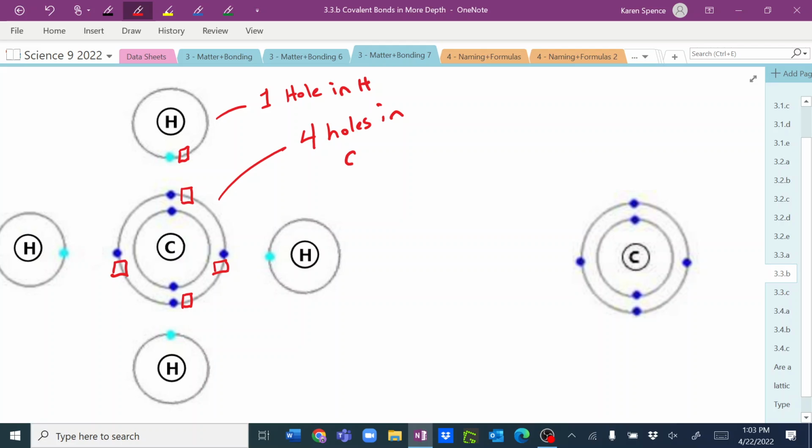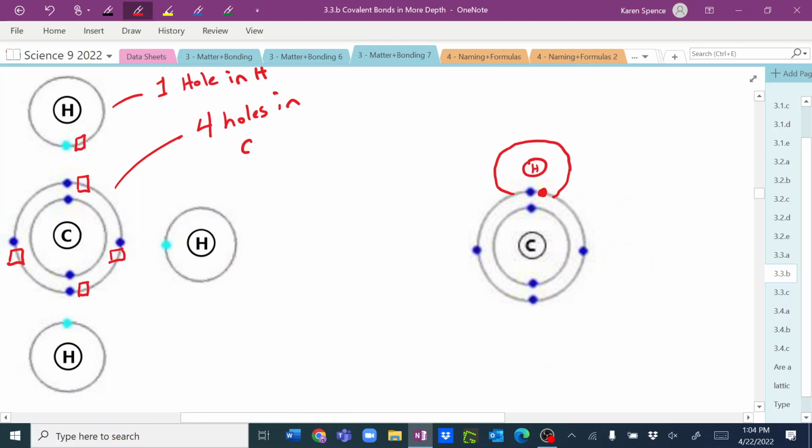Okay, and so what the bond is going to look like then is we're going to have the hydrogen atom come and share its electron. We will have a second hydrogen atom come and share its electron. A third one.